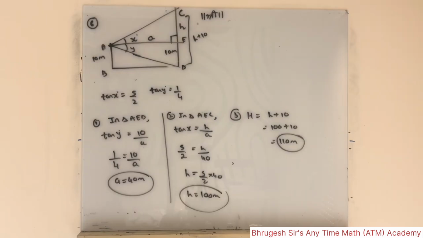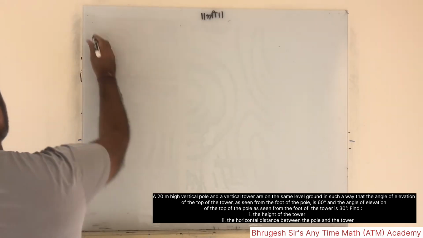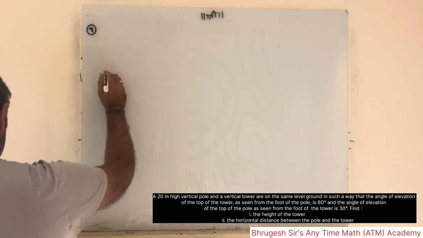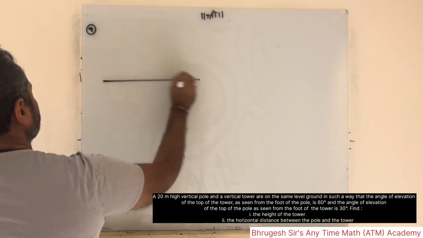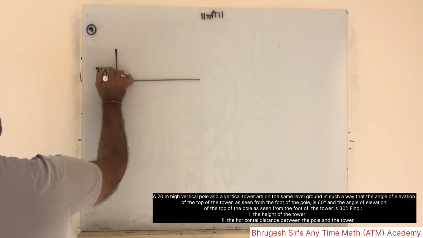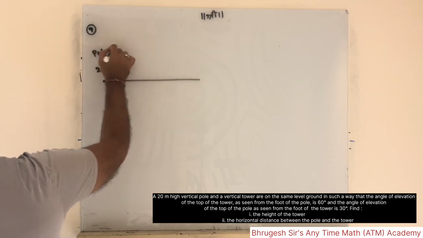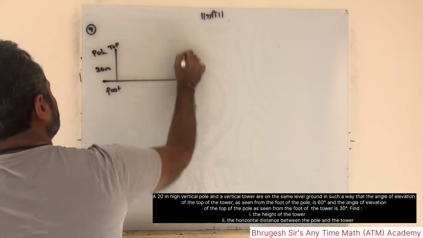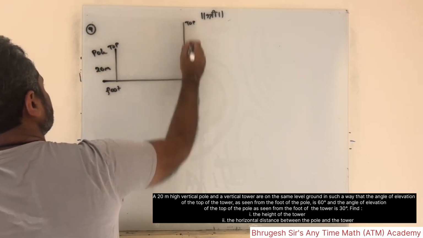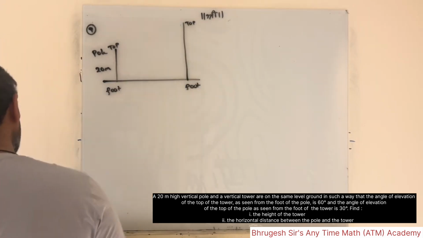please pause this video and try to solve on your own. Then we'll move to the last sum for this particular type 5. A 20-meter vertical pole and a vertical tower are on the same level ground.